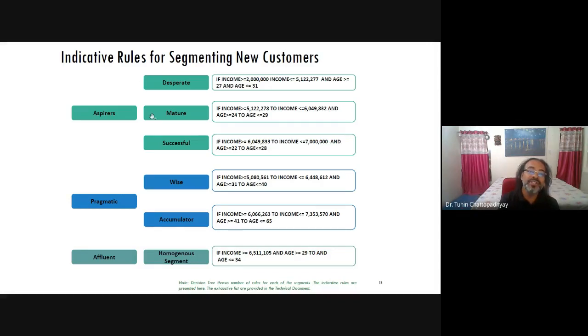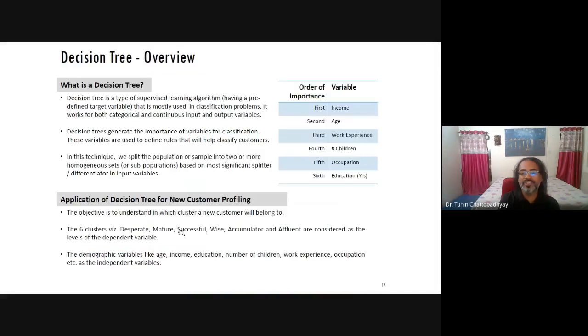So all these were the result of cluster analysis. Now I have considered them as input for my decision tree, not as independent variables, but as the levels of the dependent variable. Income, age, work experience, children, occupation, years all become my independent variables.